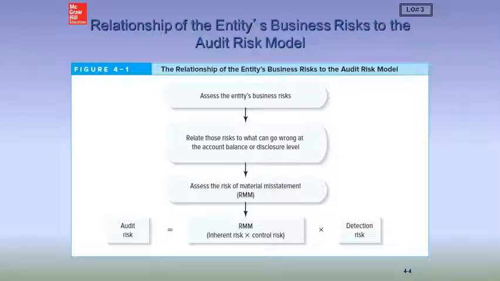So let's just go ahead and take a look at the process that we are going to discuss in this chapter. And we're going to talk about assessing the entity's business risk. And this is beyond risk related to the financial statements. This is just what are the entity's business risks that they face from changes in regulation, etc. We will then, of course, since we're auditing the financial statements, want to relate those risks to what could go wrong at the account balance level.